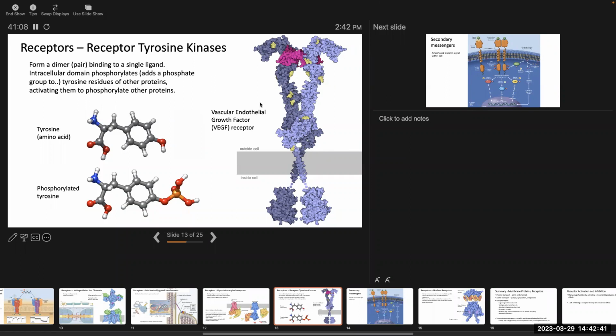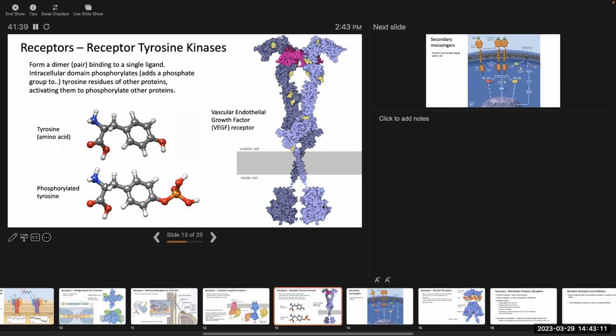So these receptor tyrosine kinase molecules are usually really long, skinny molecules. If you look at this picture on the right here, you'll see that there's one that's light blue. There's an extracellular component outside the cell, a transmembrane component that's embedded in the membrane, and then an intracellular component inside the cell.